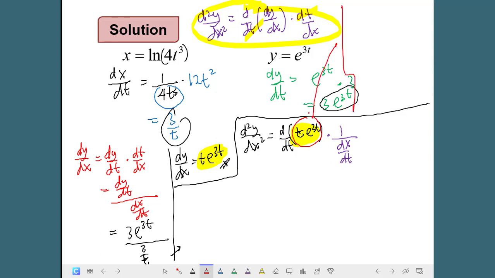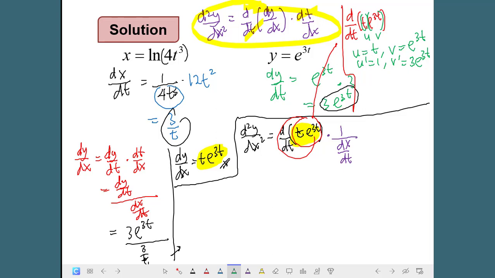You need to differentiate t e^(3t) with respect to t. Here are two different functions, u and v. u is equal to t, v is equal to e^(3t). So u prime is equal to 1, and v prime is e^(3t), differentiate 3t, get 3.